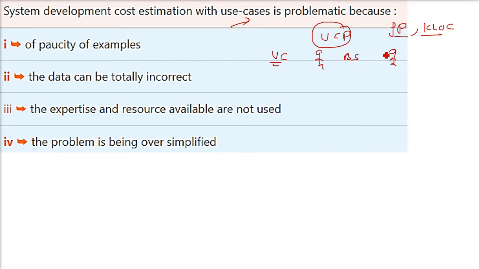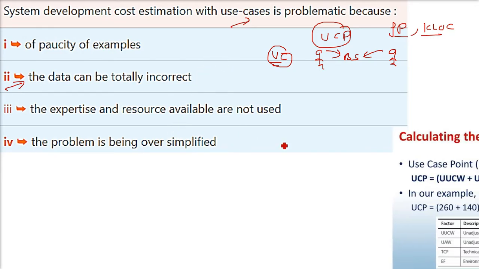So for a banking system, you can make a different use case, I can make a different use case. So the problem here is the data can be totally incorrect, because there are formulas, empirical expressions that we can use for the project estimation process. But what is the input? If it is not correct, what do we do?